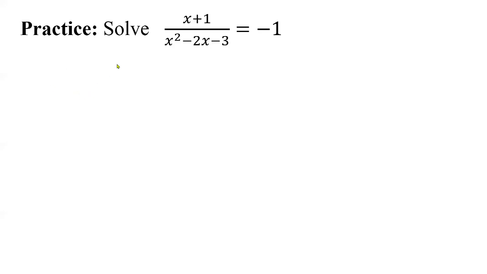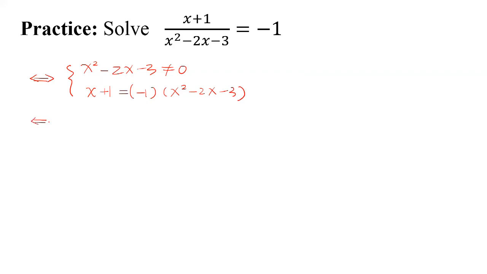All right, so let's have a look at how we can solve this problem. All right, apparently we can use the second method, right? The original equation is equivalent to, first of all, we need to control that the denominator here cannot be 0, right? As long as we have controlled the domain, the original equation is equivalent to x plus 1 equals -1 times x squared minus 2x minus 3, right?